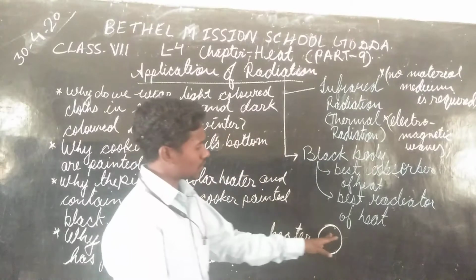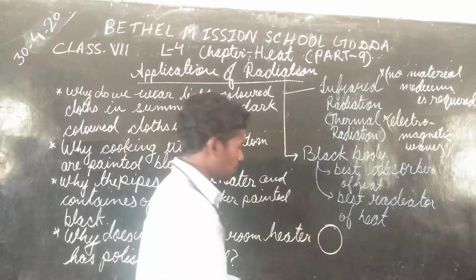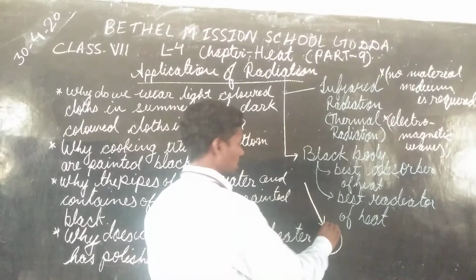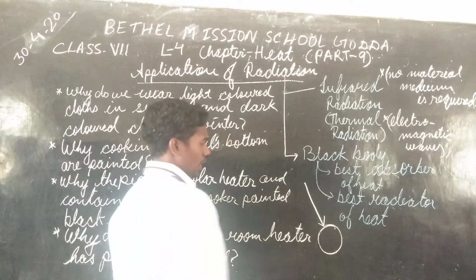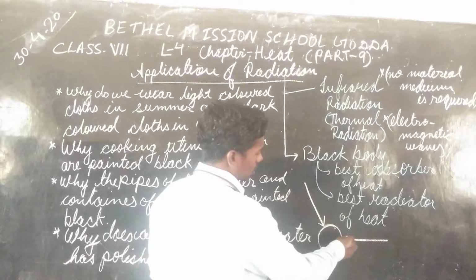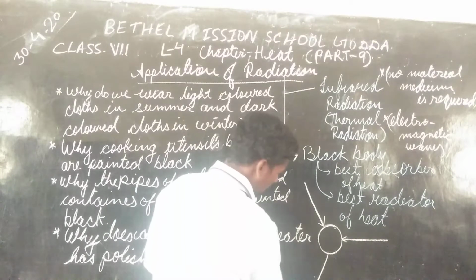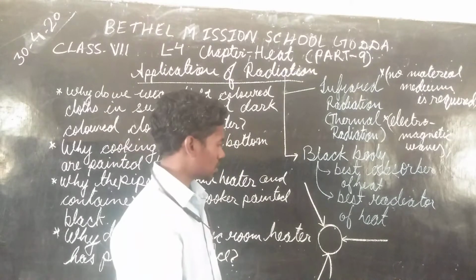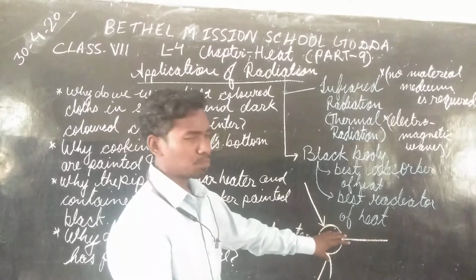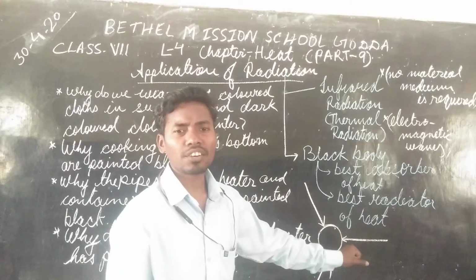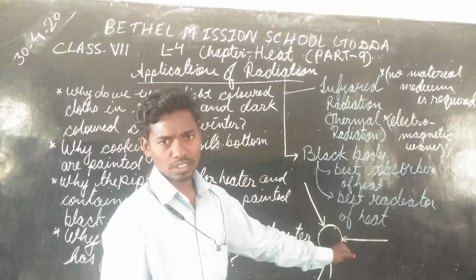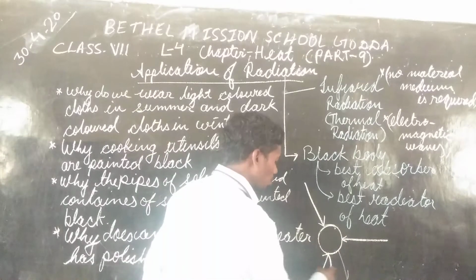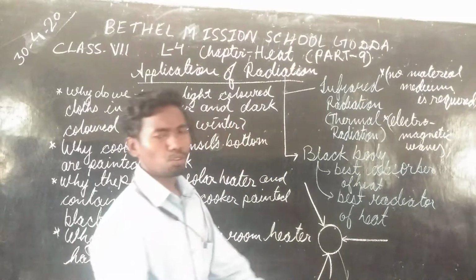Let us say that this is a black body. If any radiation comes to this body, this black body will absorb that radiation and will not allow it to move back.